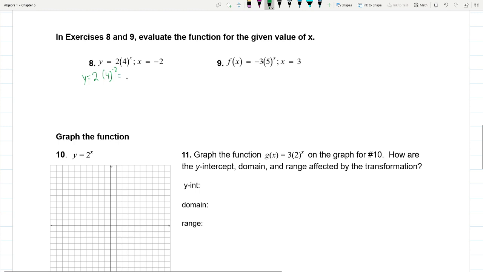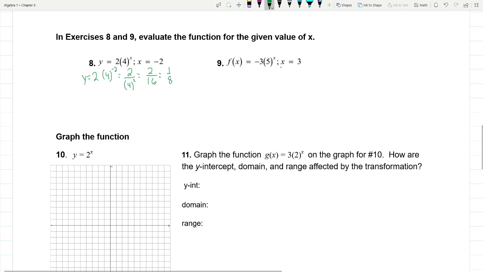We can evaluate this even without a calculator, because this negative 2 tells us that the 4 is on the wrong side of the equation, so it's 2 over 4 squared. 4 squared is 16, and so we get 1 over 8.